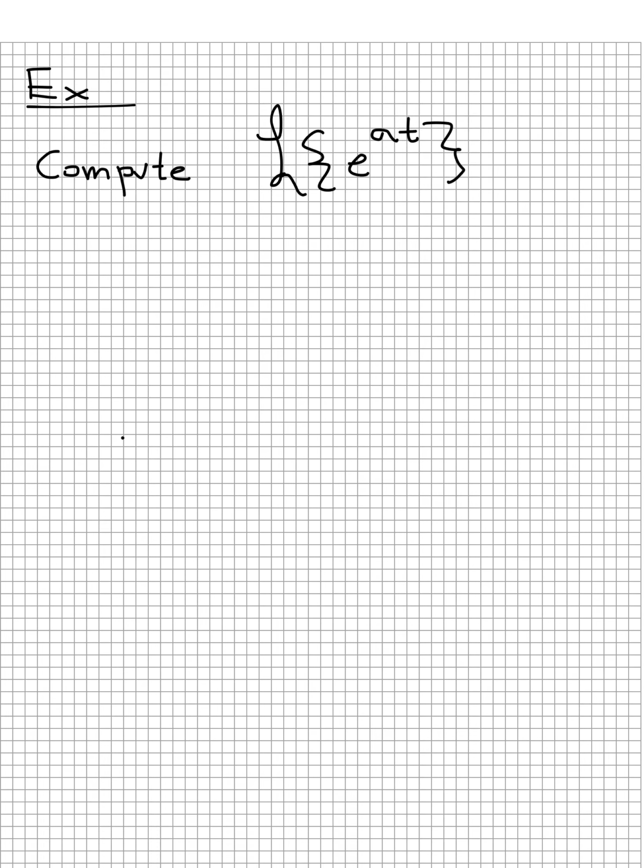We're going to plug this in again, just like we did before. So the Laplace transformation of e to the at is going to be set equal to the integral from 0 to infinity of e to the minus st, that's from the definition, multiplied by the contents within the Laplace transformation. That's going to be e to the a times t.